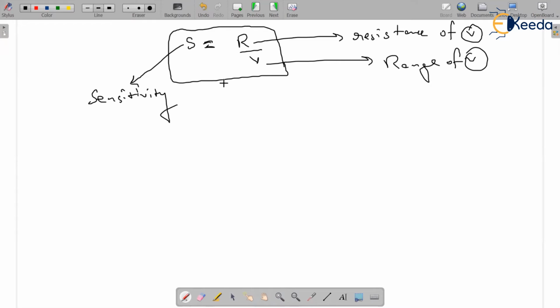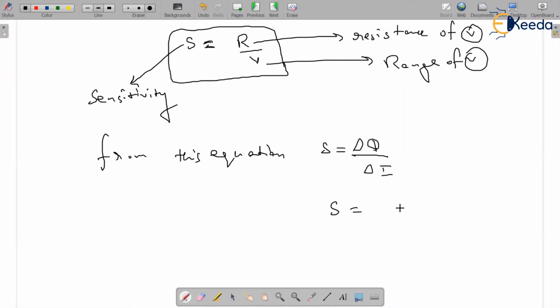From the earlier relation, S is equal to del theta by del I. So from there I can give S is equal to 1 by IFSD.